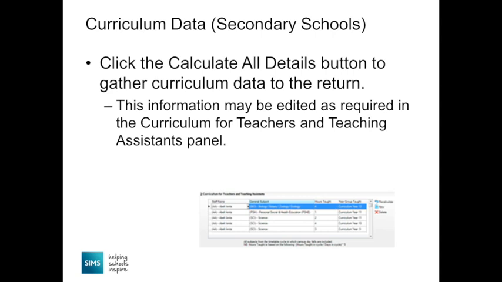So what you'll end up with is a panel that lists every teacher and the subjects that they teach and the number of hours that they deliver that in the curriculum. So Mrs. Smith does 5 hours of maths, 6 hours of geography and 4 hours of PE, whatever is appropriate. If it's not right, don't worry too much because you can manually edit it. But if it's not right, then there's something wrong with the timetable. Okay.